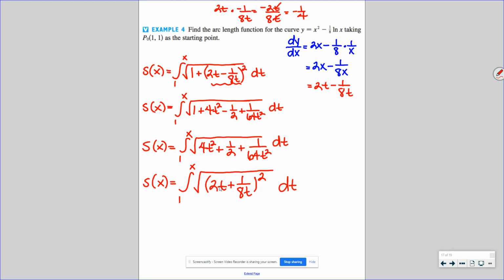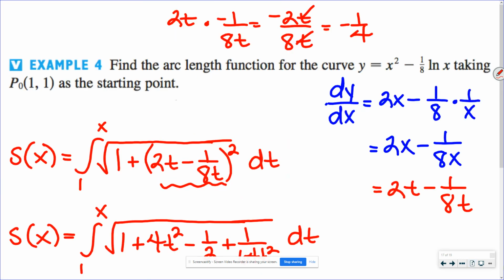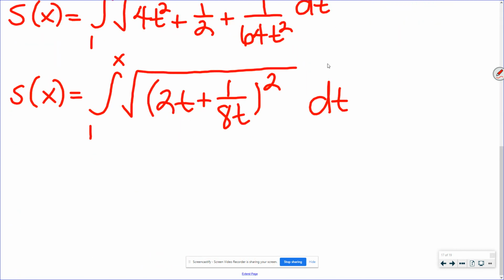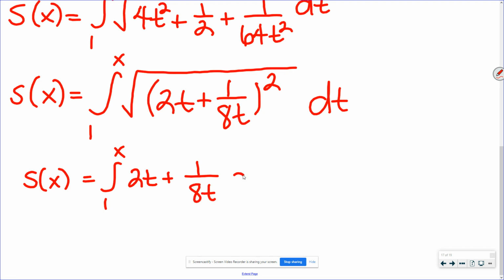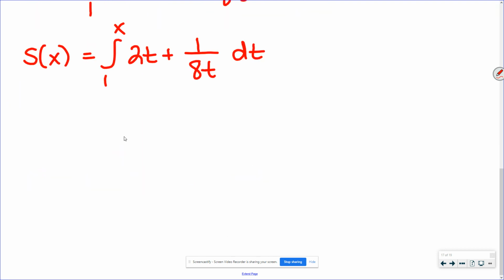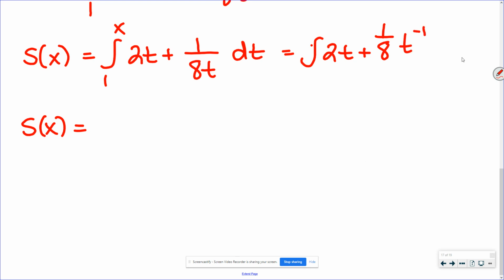The whole reason why we wanted to factor that down in this question is because the square root and the squared will cancel each other out. So that's going to leave me with something that is so much nicer to deal with, considering I actually do have to integrate this thing. Look at that. Square root's gone. Now I have something normal-ish looking that I can integrate. You could also write it as 2t plus 1/8 t to the negative 1 power.